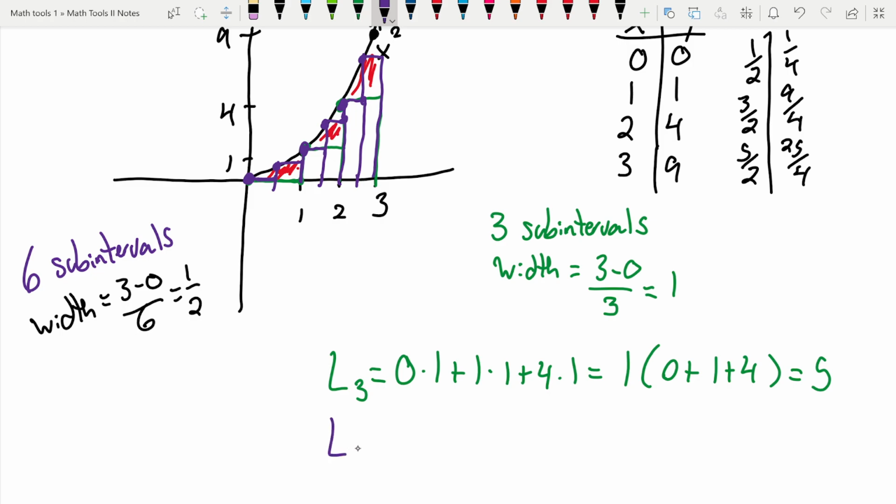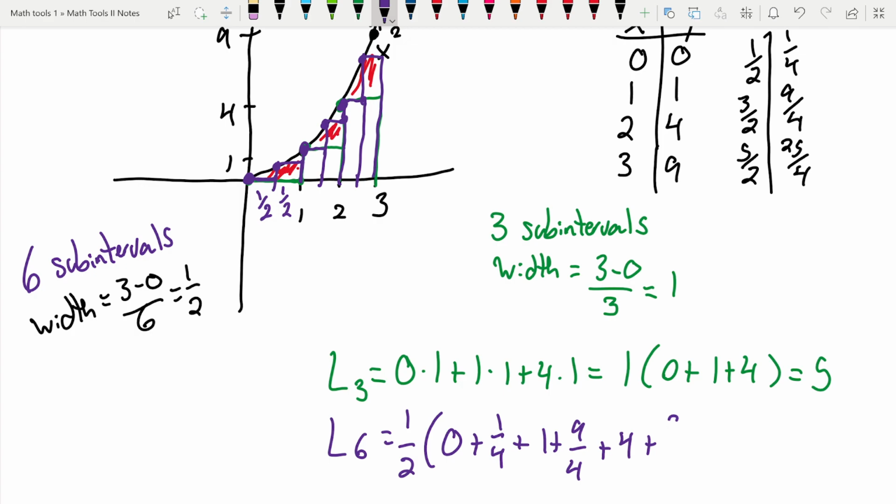So L6 is going to be, so I'll just write the width out on the end here, right? Because all of them have width of 1/2. So then the heights are going to be the left endpoint. So 0 plus 1/4 plus 1 plus 9/4 plus 4 plus 25/4. Okay. 1, 2, 3, 4, 5, 6.